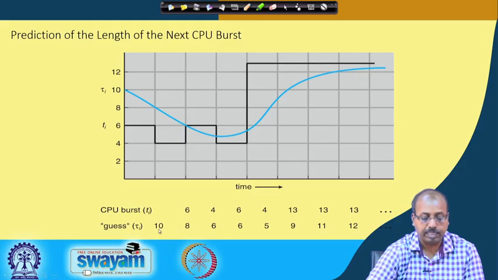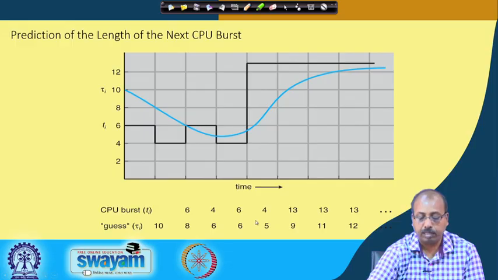As a result the next prediction comes down to 8. So, it is predicted to be 8, but at that time the CPU burst was actually equal to 4. So, next time the prediction comes down to 6, and the actual execution is also 6. So, it was fine. The prediction remains at 6, but then the execution is 4.